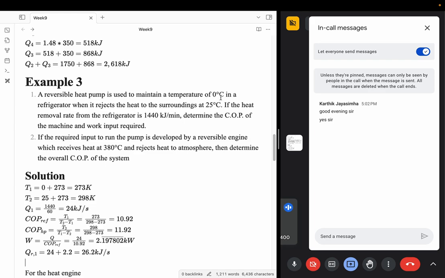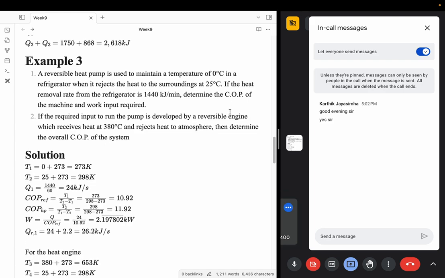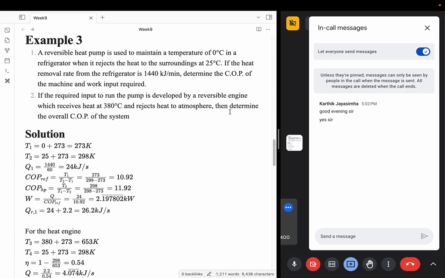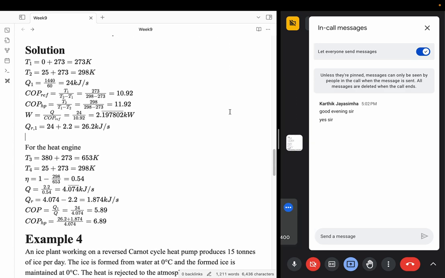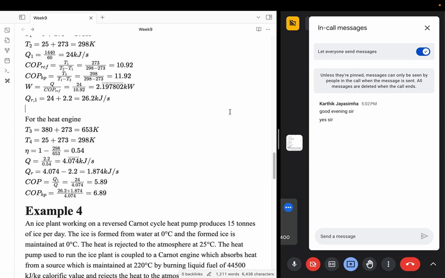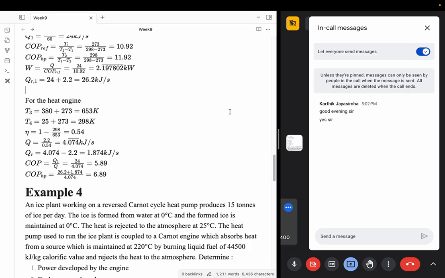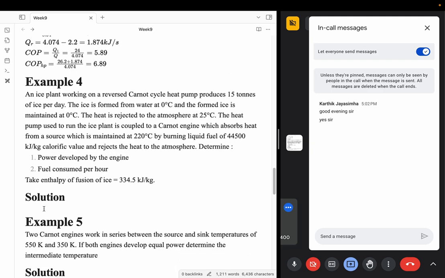So whatever heat is coming from 0 Celsius plus whatever work you are doing should be equal to the total amount of heat that you are rejecting to the ambient. That is how a reversed engine works. Yes, the work done is negative. Any other questions? We can move on to the next problem.